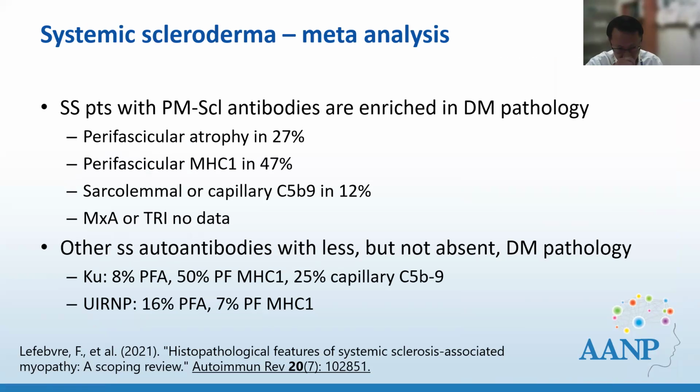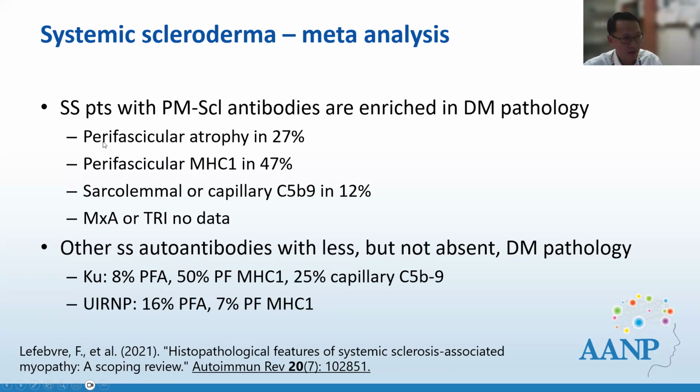Pathologically, according to a fairly large meta-analysis that included more than 500 of such cases, it has found that the patients with this PM-Scl antibody have a high percentage that show a perivesicular injury pattern on muscle biopsy.